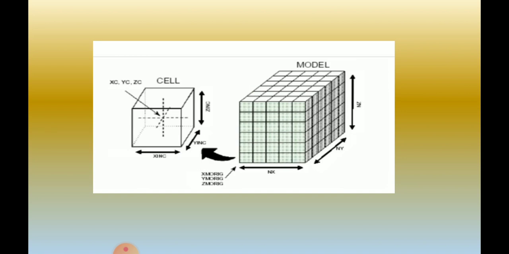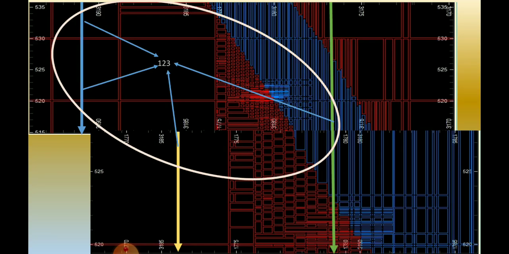Now the part on how the cells will get the grade. So here we can see an example of the cell. The number of the cell is 1, 2, 3. We are trying to give the grade to this cell. So when we allot or assign a grade to the cell, we have to decide a search volume.